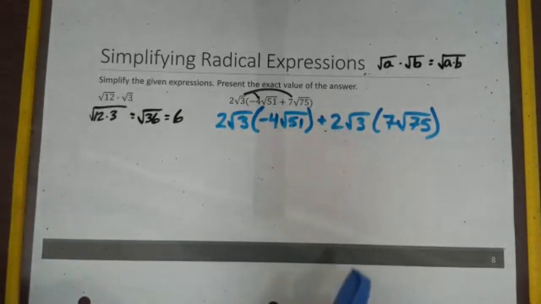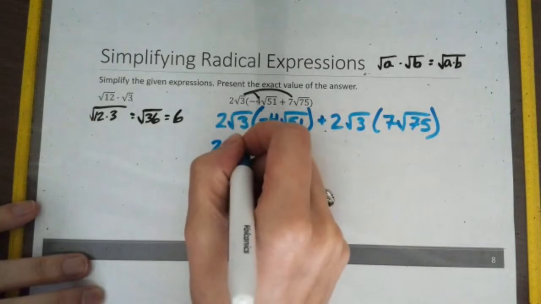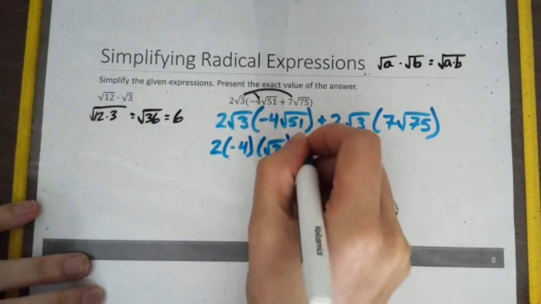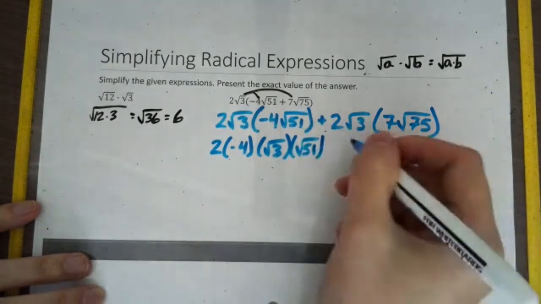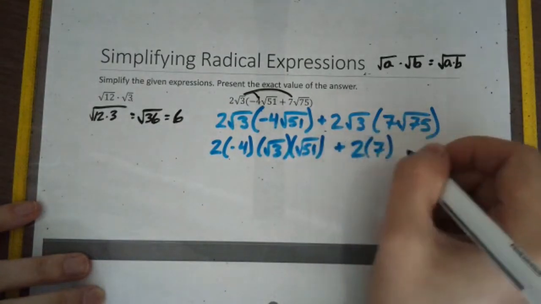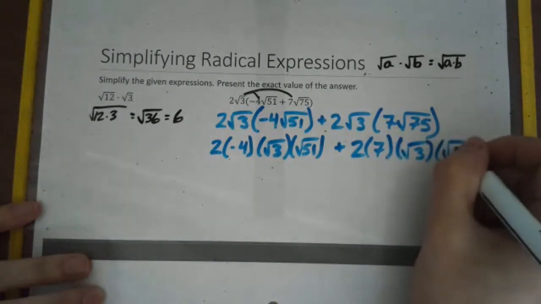Instead of writing them in that order, I'm going to rewrite this as 2 times negative 4 times the square root of 3 times the square root of 51. And then I'm going to do the same in my second term. So I have 2 times 7 times the square root of 3 times the square root of 75.